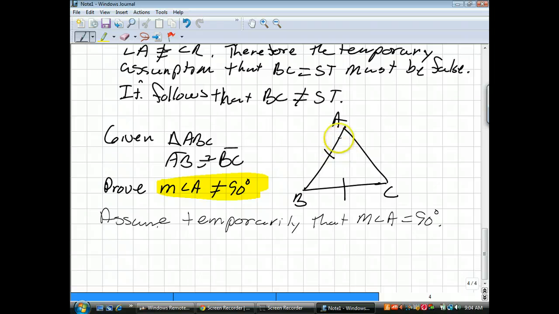Well, if those two sides are equal, we know this and this have to be congruent angles by the isosceles triangle theorem. So we know then measure of angle C also equals 90 degrees.